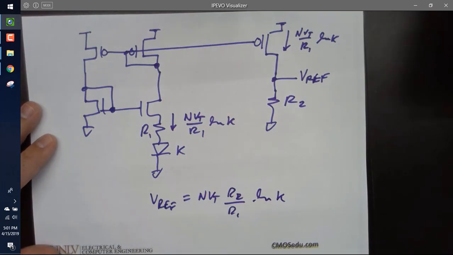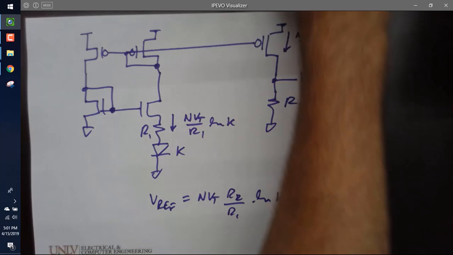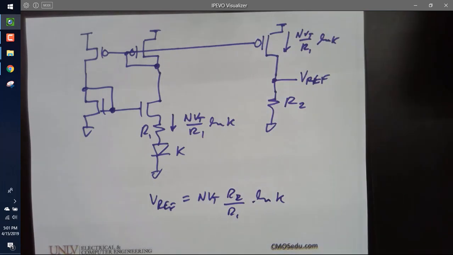Okay, so now if I ask you in this particular situation, assuming these resistors are made with the same material and thus have the same temperature coefficient, if I ask you what's the temperature behavior of that voltage reference, what's the answer? It's going to be the 85 millivolts term, right? Because what happens to the temperature behavior of the resistors?